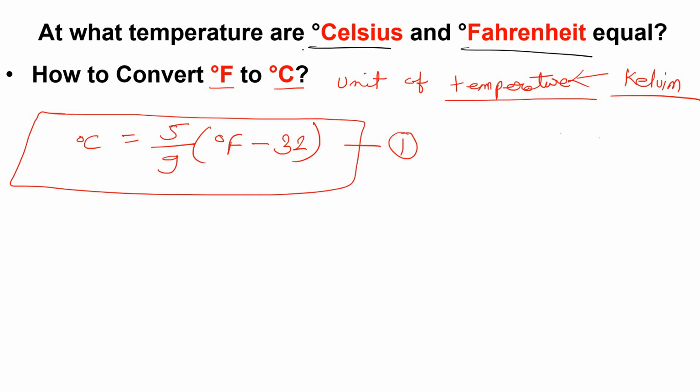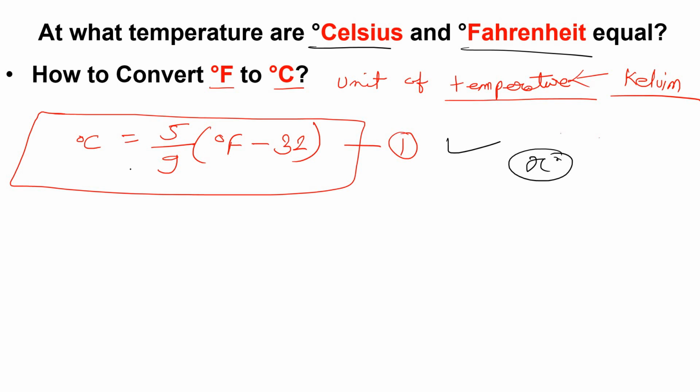Now read the question again: at what temperature are Celsius and Fahrenheit equal? We know how to convert degree Celsius to degree Fahrenheit. Let's assume that at some particular temperature, which is X, we don't know it, your degree Celsius will be equal to degree Fahrenheit.